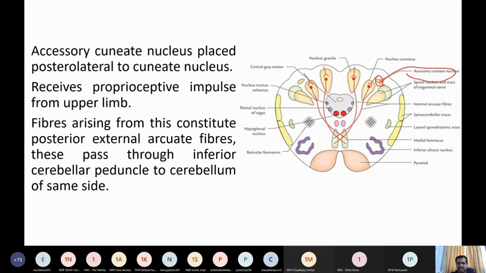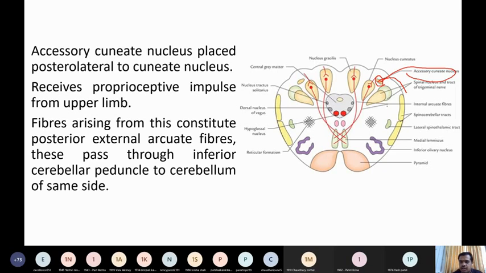They arise from here, come out, enter the inferior cerebellar peduncle and reach the cerebellum of the same side. Clear? The accessory cuneate nucleus receives proprioceptive impulses from the upper limb, that is, impulses regarding joint and muscle position. Is it clear?